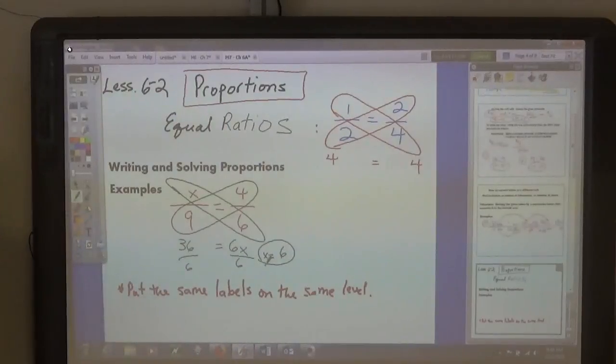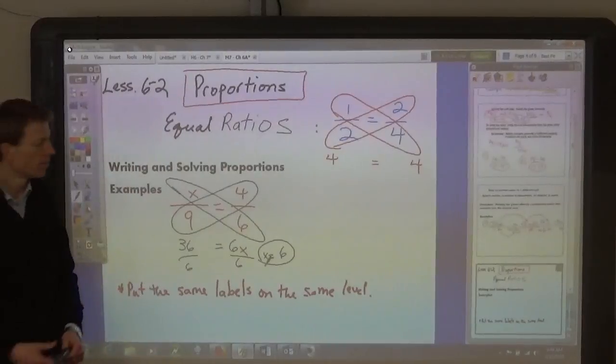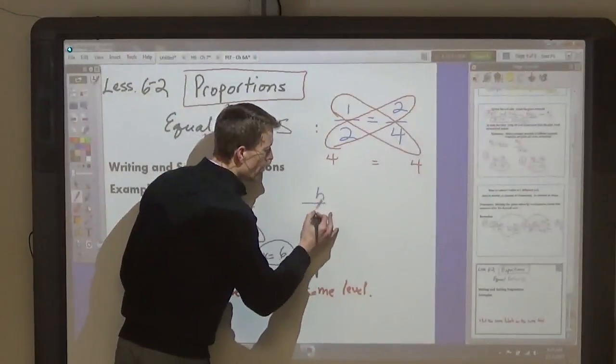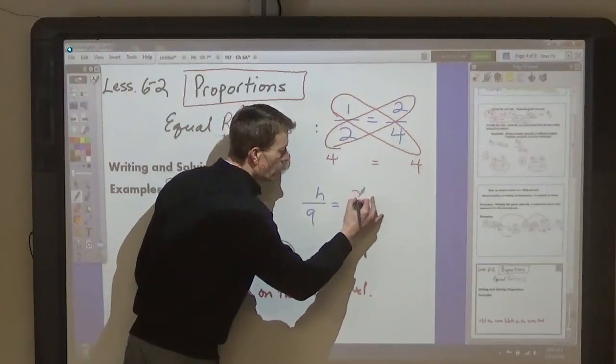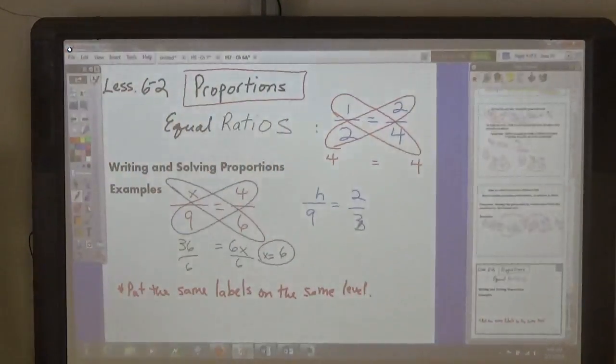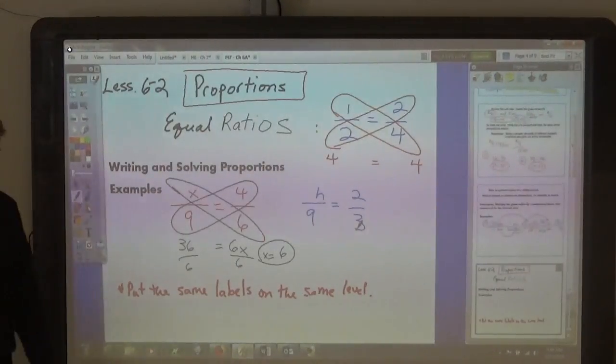Let's do another one real quick. The top of page 299. See if you can do h over 9 equals 2/3. H over 9 is equal to 2/3. See if you can do that one in your notes.